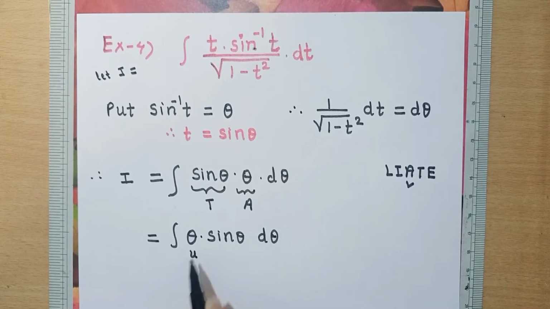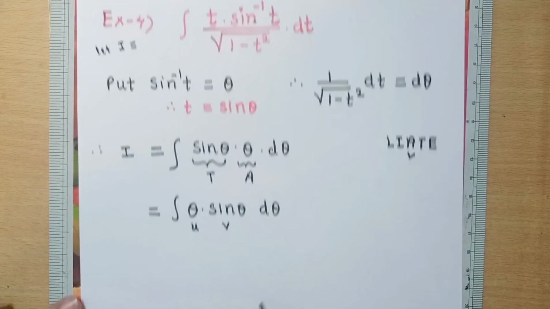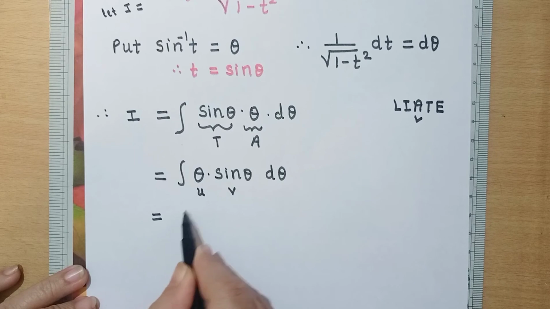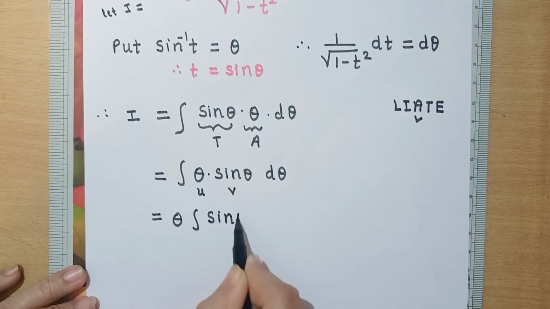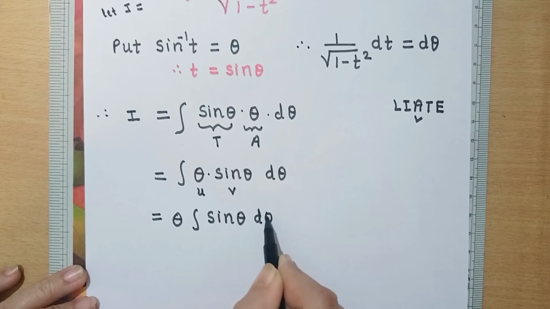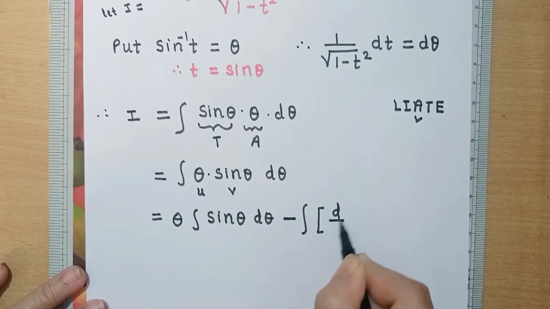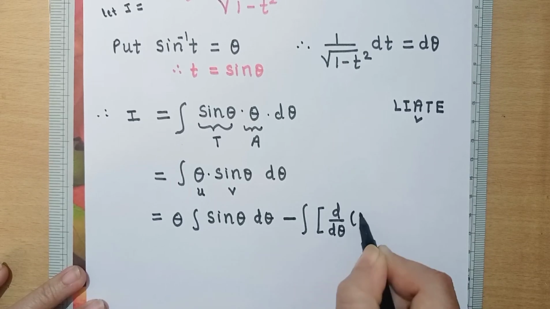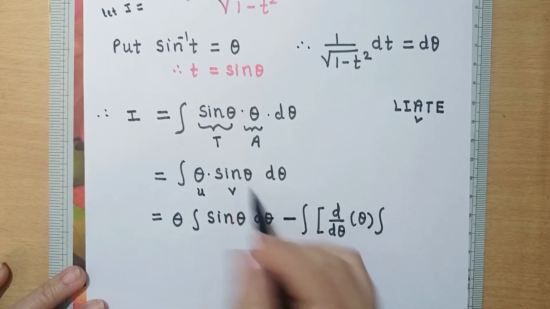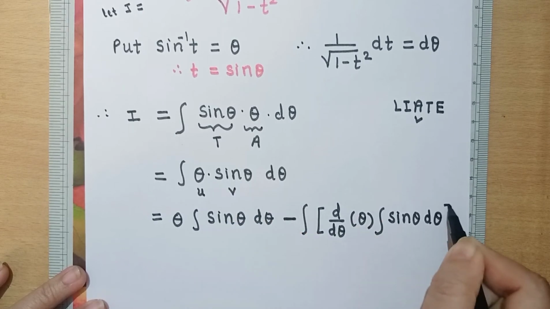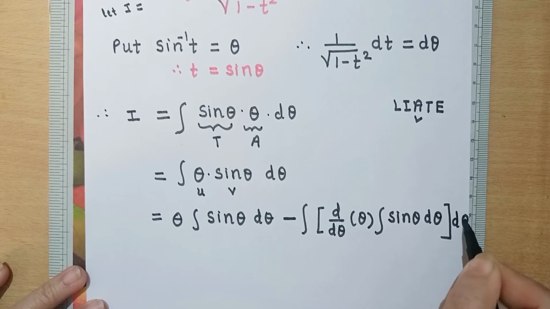So we will consider this as u, this as v, and therefore use the integration by parts rule. So u as it is, integration of sine theta d theta, middle sign minus, then integration sign. Now derivative of first term, so d by d theta of theta, again integration of sine theta d theta, and lastly we will write here d theta.